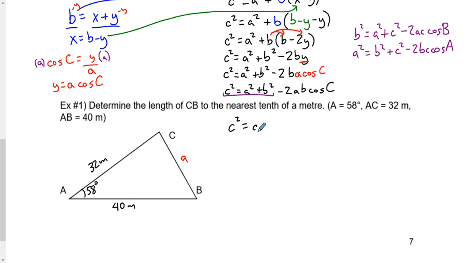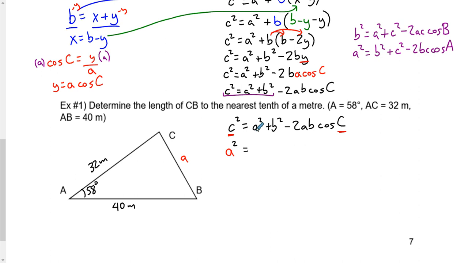So if C squared equals A squared, adding B squared, subtracting 2AB, multiplied by the cosine of C, let's plug in our information. This side right here is across from this angle. Well, if that's the side that we're trying to solve for, we're solving for A squared.